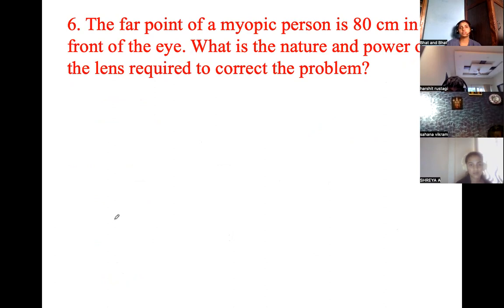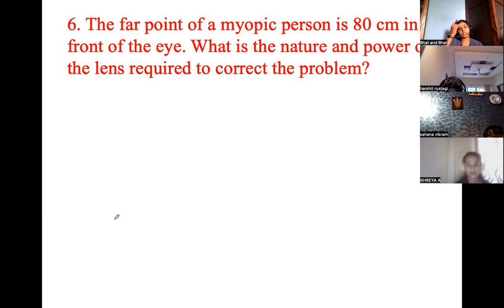The far point of a myopic person is 80 centimeter in front of the eye. What is the nature and power of lens required to correct the problem?